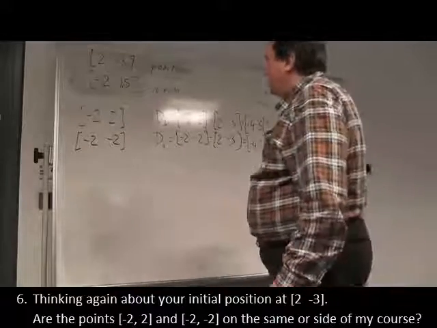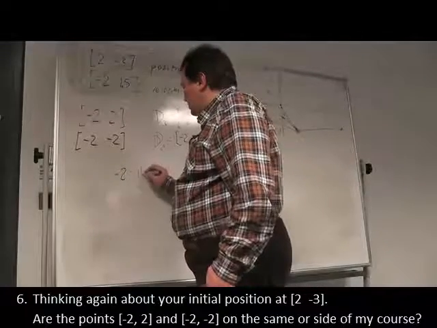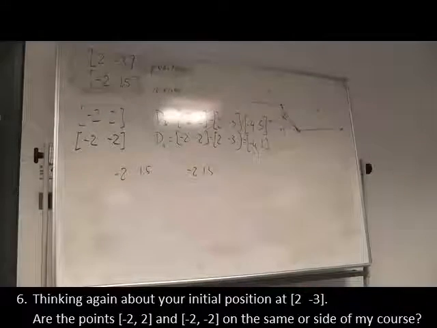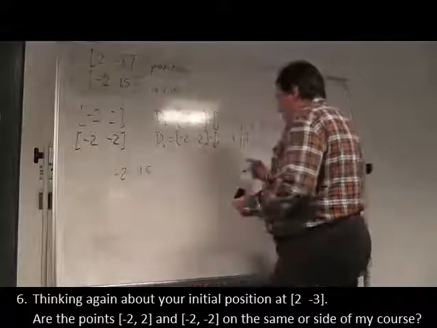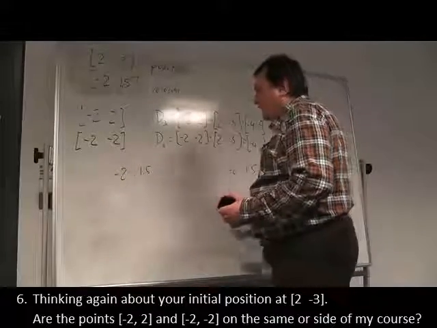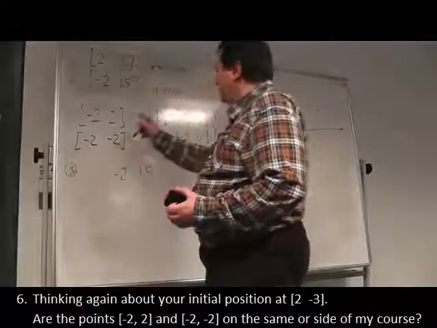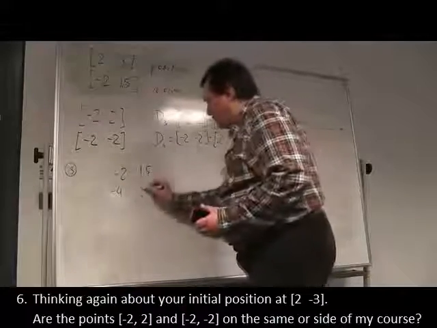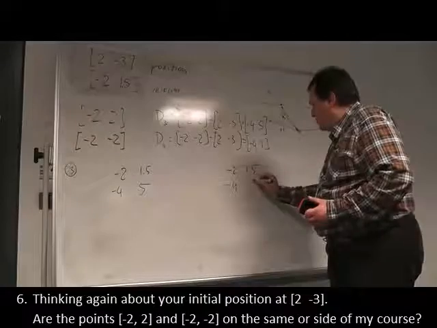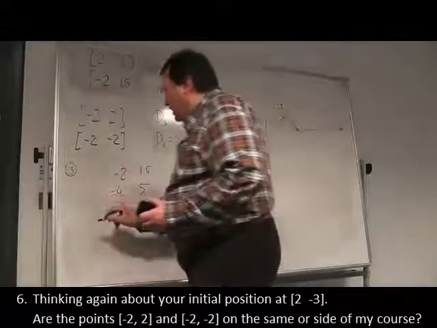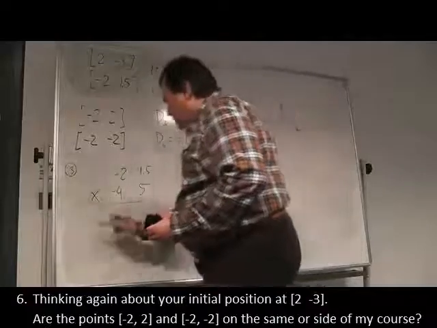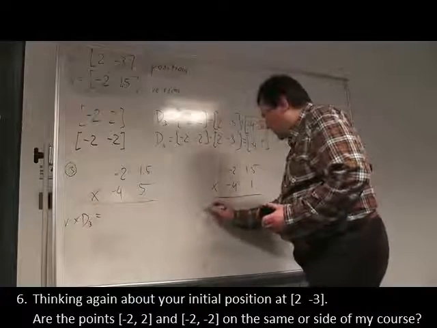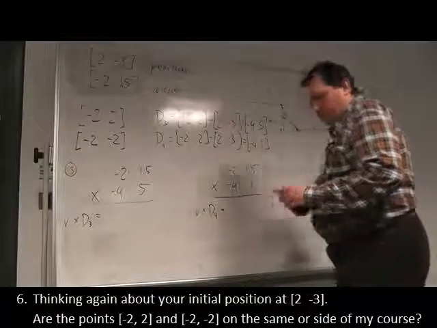So once again I will put the velocity here, (-2, 1.5), and this is our case number 3, so I put d3 here, (-4, 5), and here (-4, 1). This is V cross d3 equals, and here V cross d4 equals something.